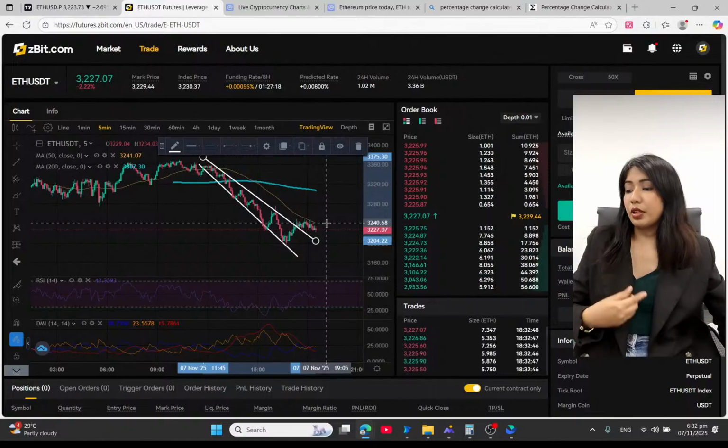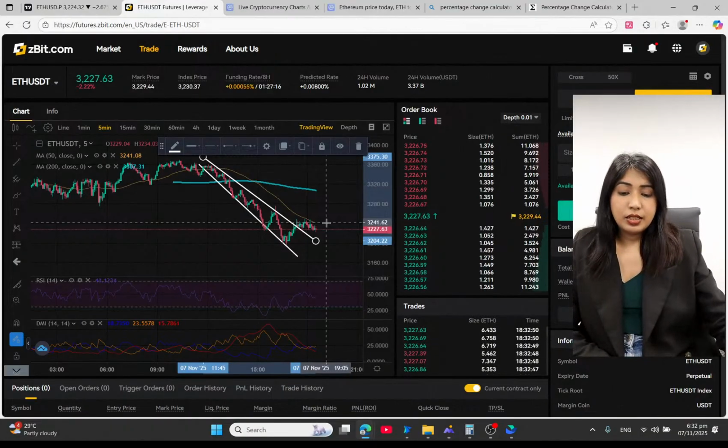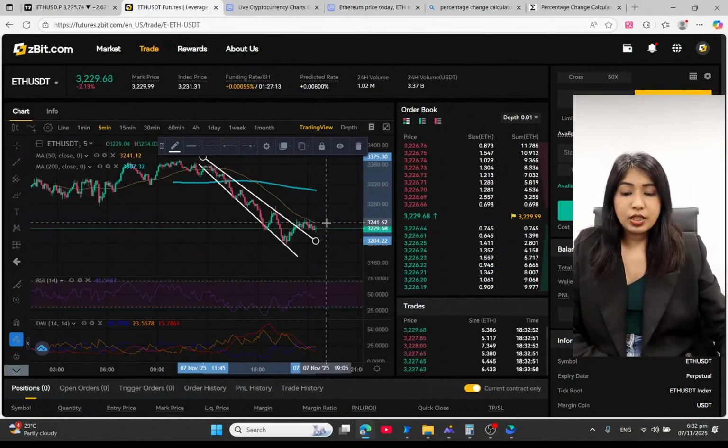Let's wait for a proper confirmation. As in, let's see whether the buyers or the sellers are becoming strong. Based on that, we will plan our entry.